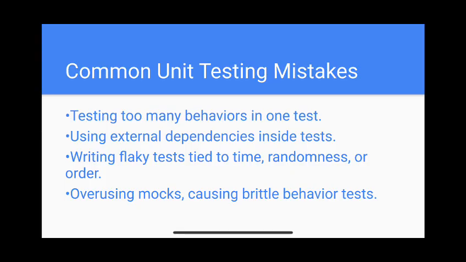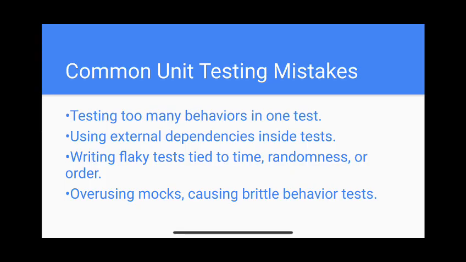So this can lead to confusing failures and unclear root causes. You may not be able to pinpoint where the bug is coming from. And it breaks the single assertion, single responsibility rule, and is hard to maintain, refactor, or diagnose.